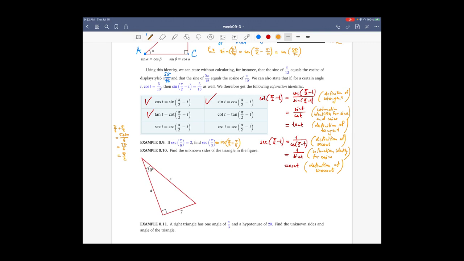And by the co-function identity, secant of pi over 2 minus argument is cosecant of argument. And we know that's 2.